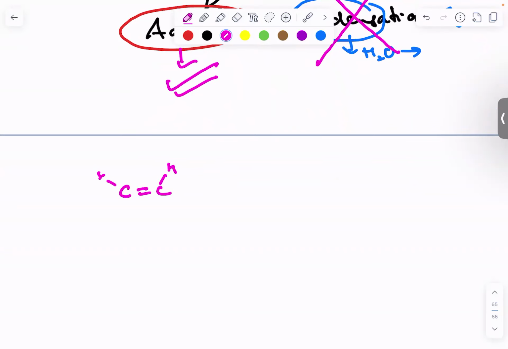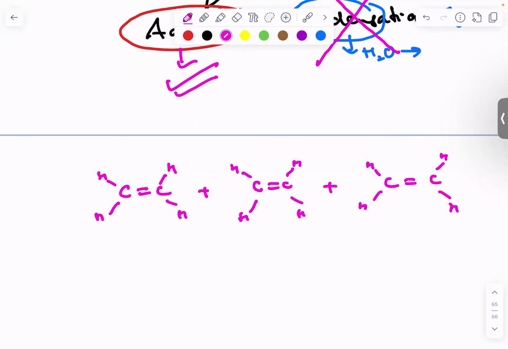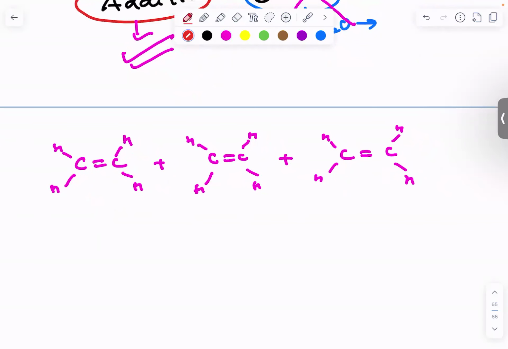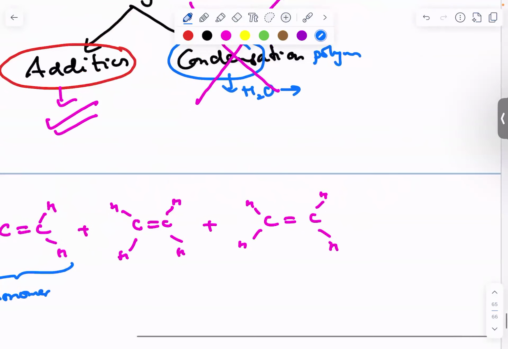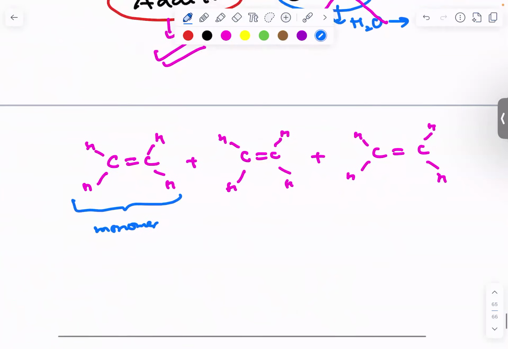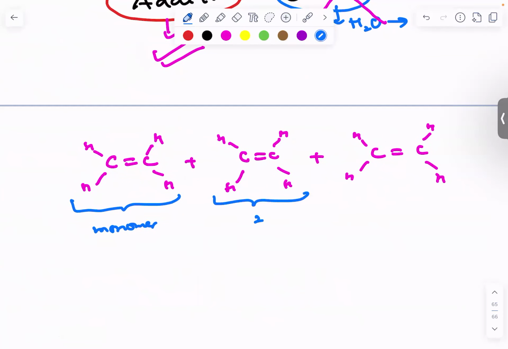One molecule of alkene plus another molecule of alkene, second molecule plus third molecule. I'll make three molecules only because we have less space. This one unit is called a monomer. I am taking three monomers: one monomer, second monomer, and the third monomer.